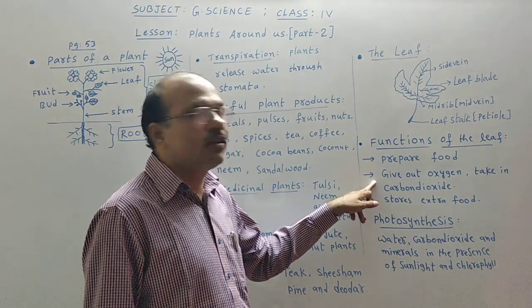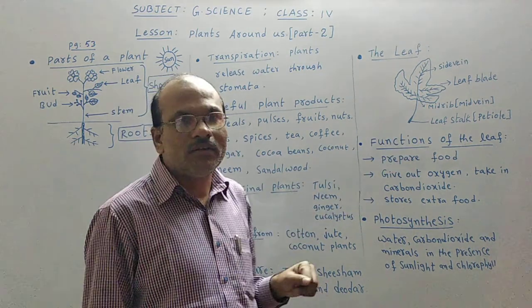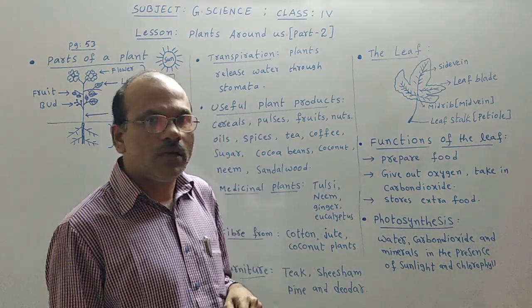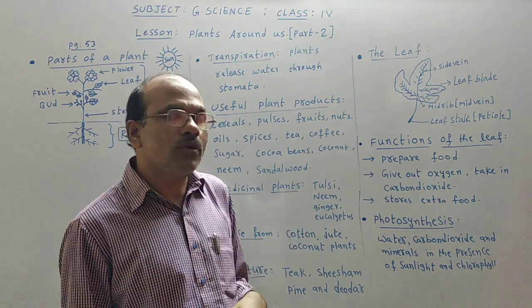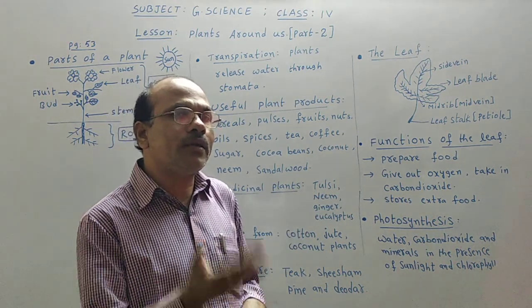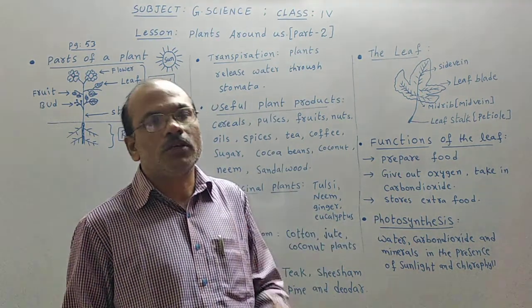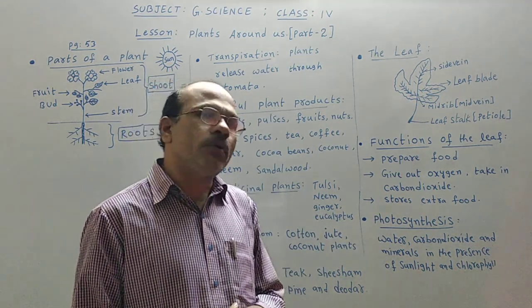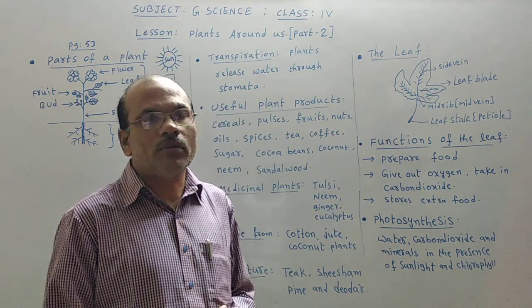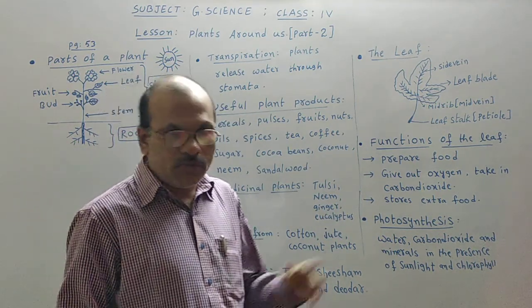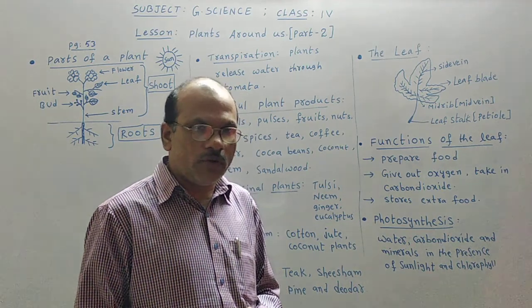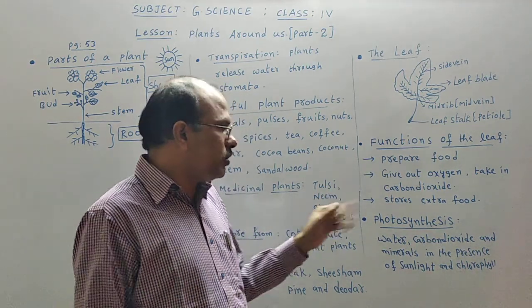That is also a function of the leaf which we have to understand. So it gives out oxygen and takes in carbon dioxide. It is a continuous process by the plant. Of course, every leaf of the trees does this.